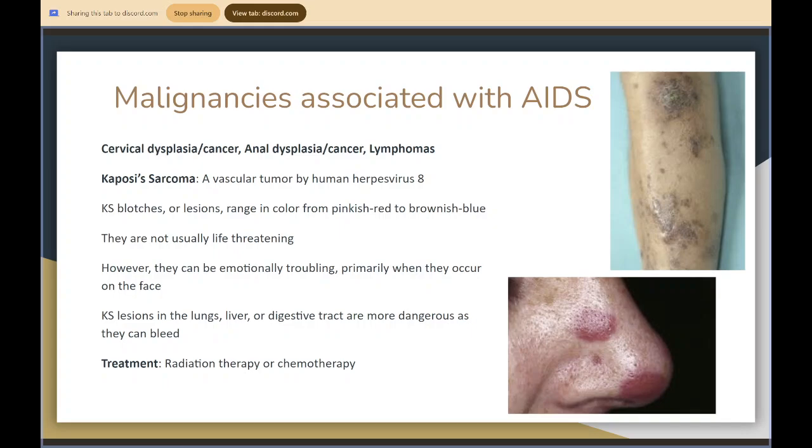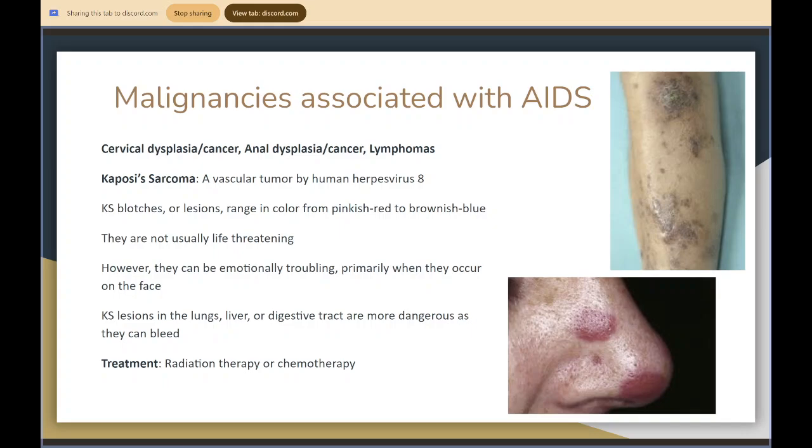On the right side, you'll see on the top, that's Kaposi sarcoma of the skin. And on the bottom right, you'll see their facial lesions. They can range in color from pinkish red to brownish blue and are caused by human herpes virus 8. They're not usually life-threatening.